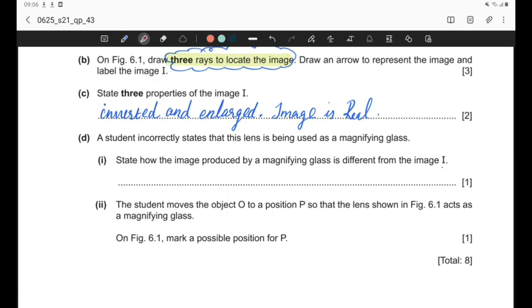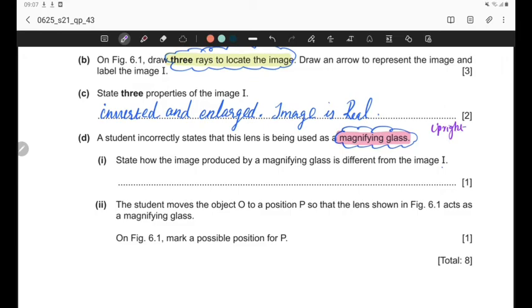Part D, a student incorrectly states that this lens is being used as a magnifying glass. State how the image produced by a magnifying glass is different from the image I. In order to answer this question, we need to know the properties of the image formed by a magnifying glass. The image produced by a magnifying glass must be upright. But here we are getting an inverted image.